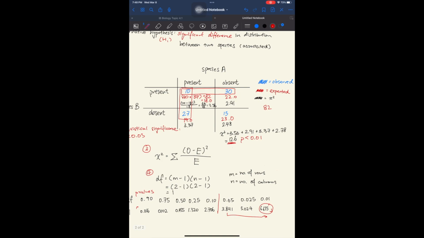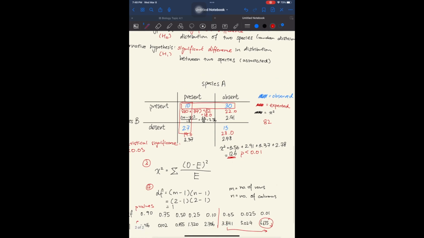By being statistically significant, we can reject the null hypothesis.